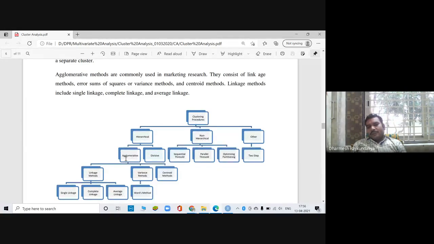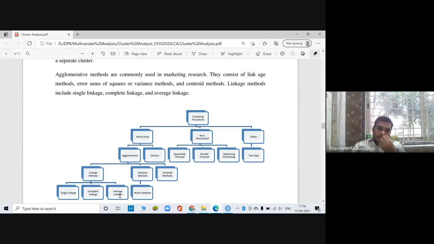Based on that distance matrix, you go for the linkage methods. Linkage may be single linkage, complete linkage, or average linkage. Single means the smallest distance, complete linkage means the farthest distance between the two objects, and average means you are calculating a weighted average distance, and the smaller value of the weighted average is considered for the fusion.